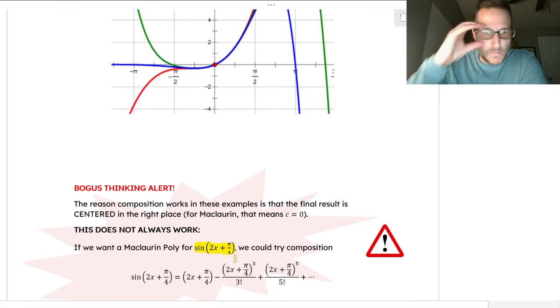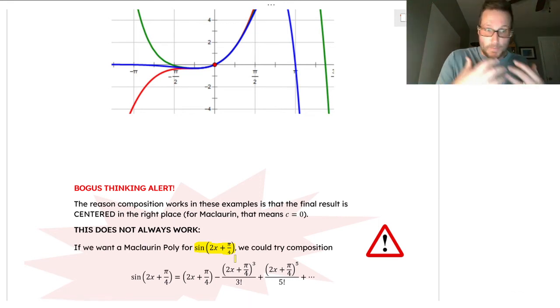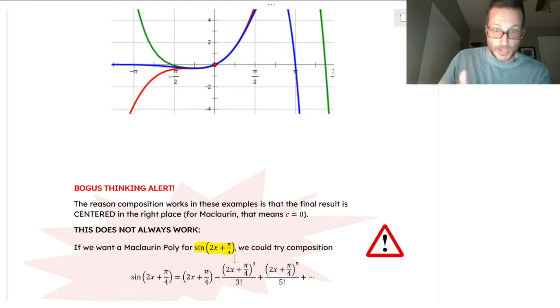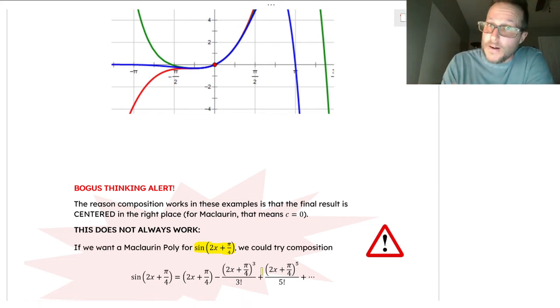So if you just use the idea of composition and you want to build a Maclaurin polynomial for sine of 2x plus pi over 4, well, you could just start with the standard sine x model, x minus x cubed over 3 factorial, yada, yada, yada, and then just sub in the critter 2x plus pi over 4. Well, there you go. I'm done. Not so fast, right? That is not centered at 0. We wanted Maclaurin. Did we get Maclaurin? Nope.